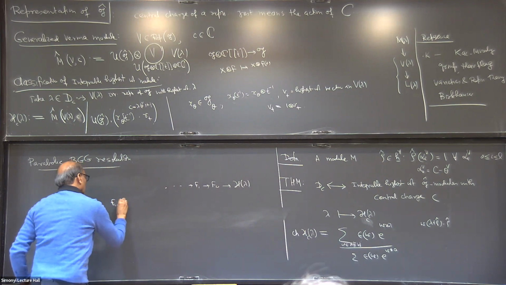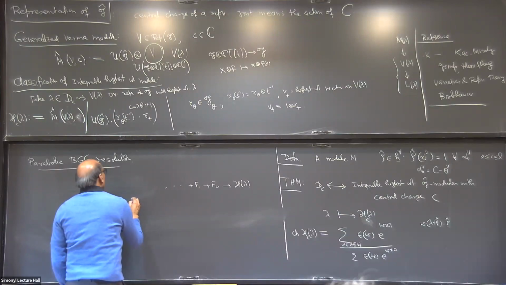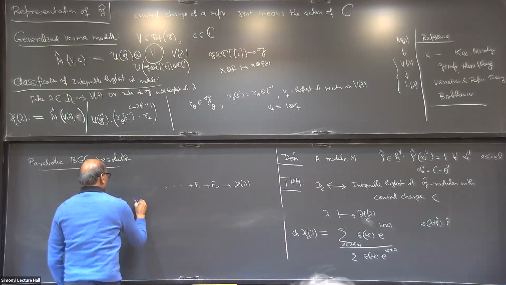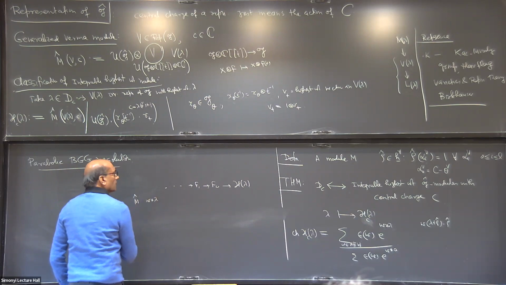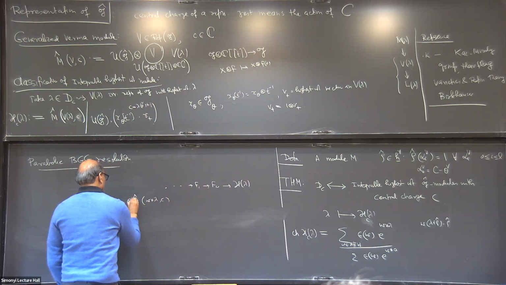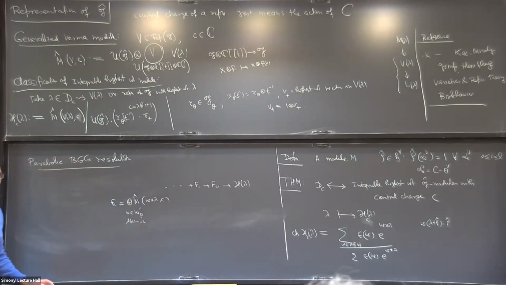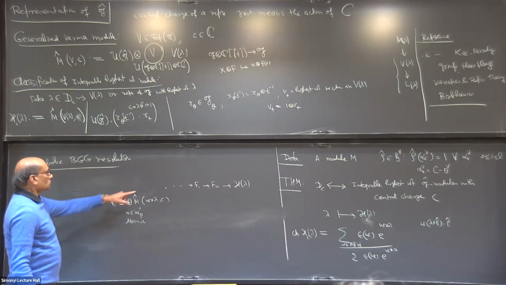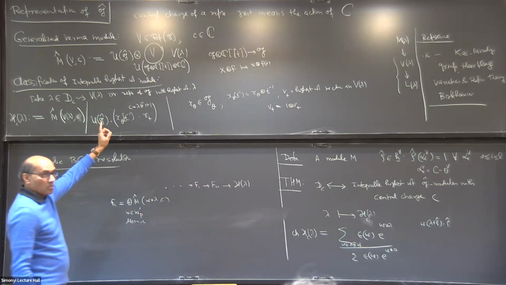Now here you will take Fi to be a generalized Verma module, which I had the notation M hat, and now you will take W star lambda and C, direct sum, where W should be in W P prime and the length of W is R. So I am resolving this H lambda by these generalized Verma modules.